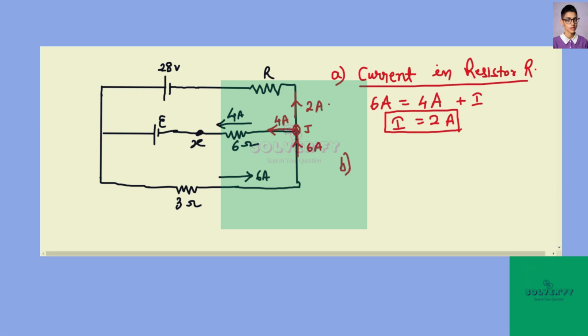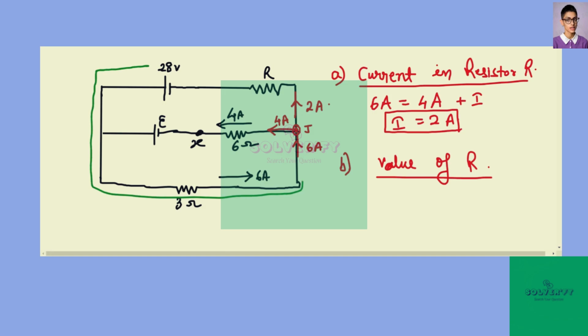Part B, what we have to identify here is the value of this unknown resistor R. To find this, we can just apply Kirchhoff's voltage law in any loop. So let us say here we have all the information in this outer loop.